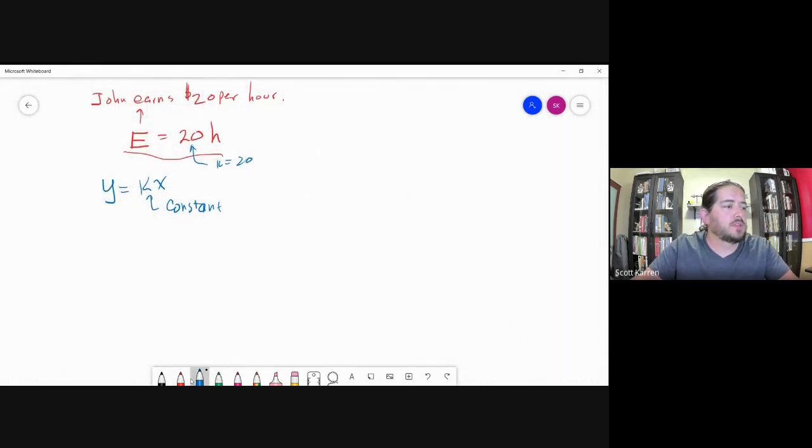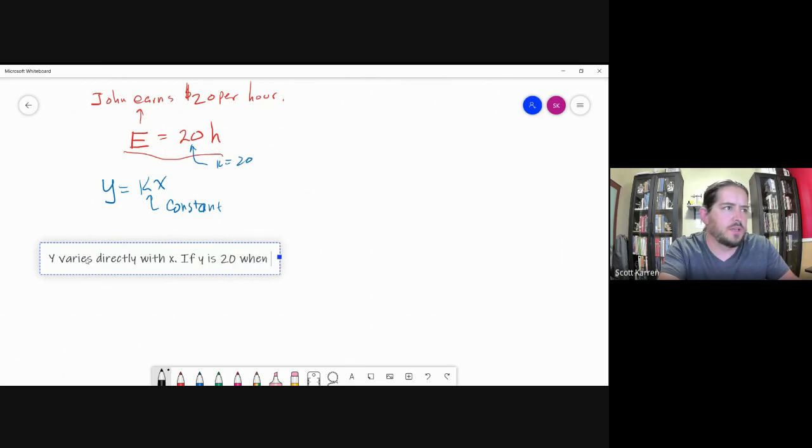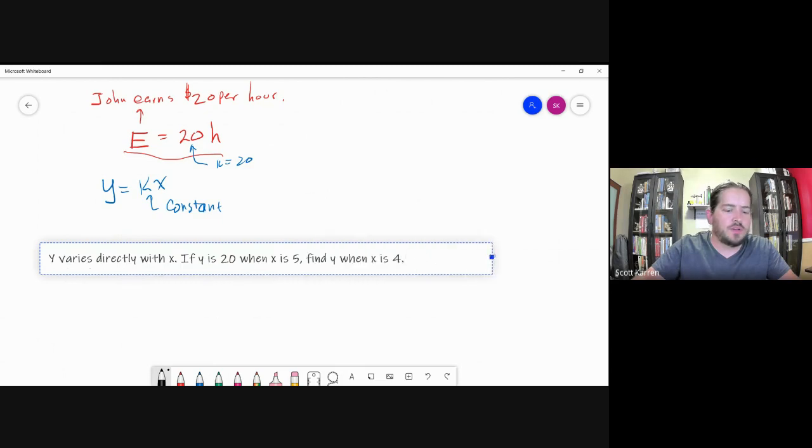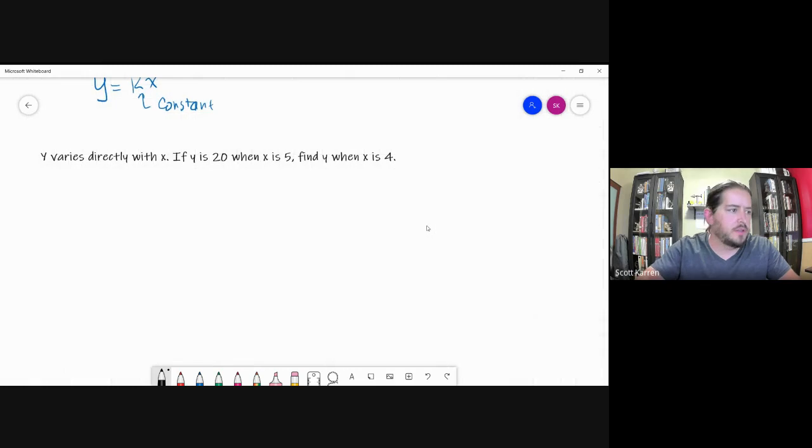So let's say we have this. Y varies directly with x. And let's say y is 20 when x is 5, find y when x is 4. So it's a direct variation, so I know that I'm using this formula.